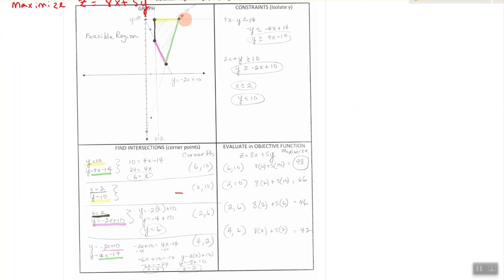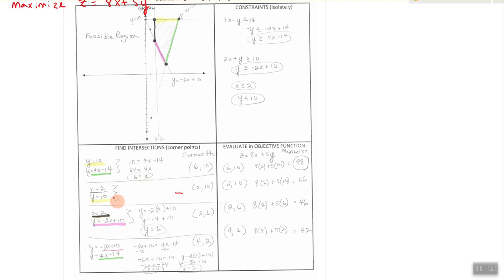So where the yellow and the green line intersect, that yellow line is y equals 10. The green one is 4x minus 14. And I wrote those two together, and I said, well, if y equals both of those, then those 2 things here have to be equal to each other. 10 has to equal that. Solve it for x. So your point then is x is 6, y is 10. Right there is one of the points.